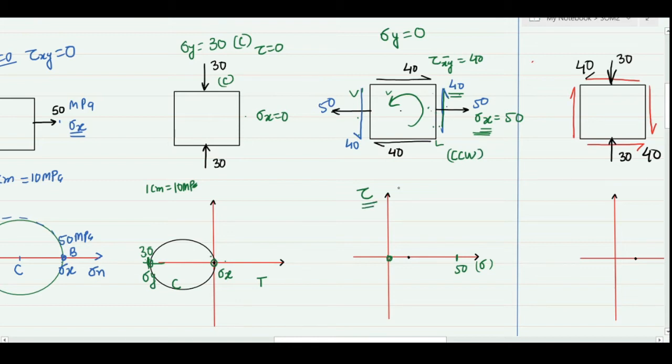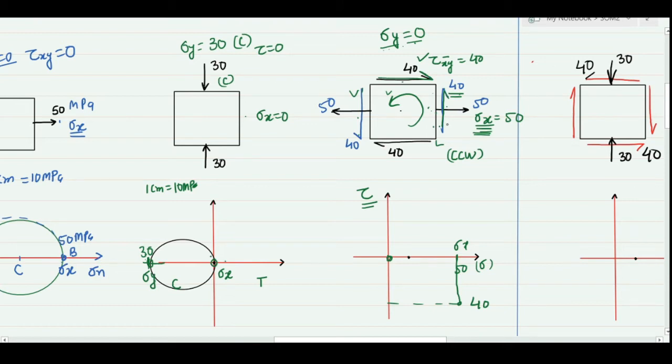So shear will be minus 40 for the sigma x value. So this is my sigma x. From here I will make a downward line, and that will finish at a point where I have the value 40. Similarly, for the sigma y plane, in the given case sigma y is 0 but shear is there, so we can find the sense of this shear, and we know that shear stress always acts in complementary form.